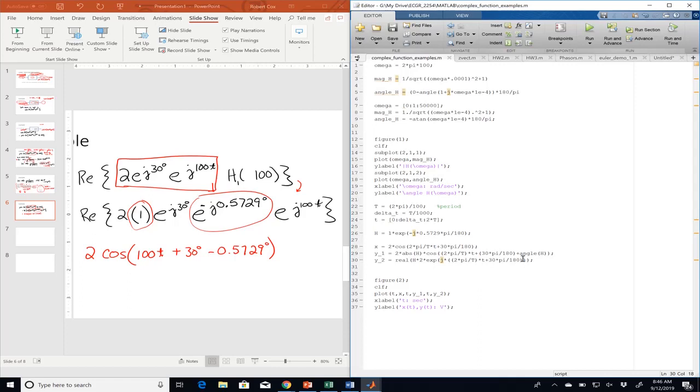And notice on the 30 degrees, I have that unit conversion again. So basically what I'm doing in y2 is I'm essentially putting in this guy here, right? And what I'm doing is taking the real part of it. If my math is correct, and if I plot y1 and y2, they better sit on top of each other.